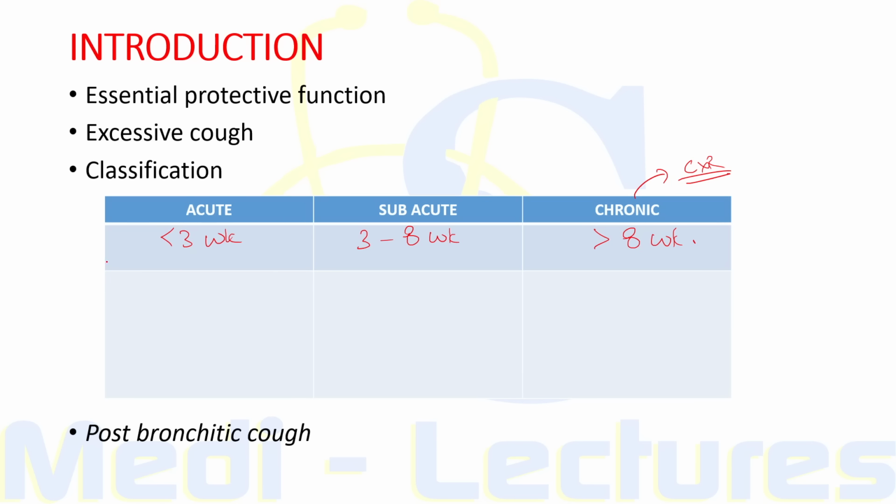Now, what can be the various causes of acute cough? These include acute respiratory tract infections, then aspiration of food, any foreign body, etc., or inhalation of noxious substances like smoke, certain toxic gases, chemicals, etc. Now, in subacute, we have an entity known as post-viral tussive cough.